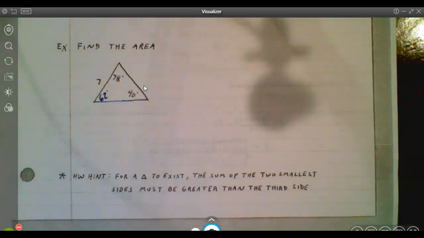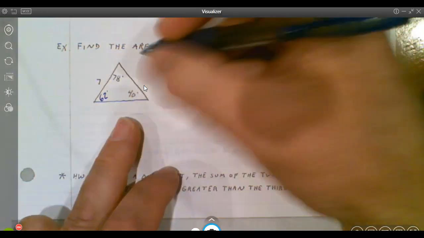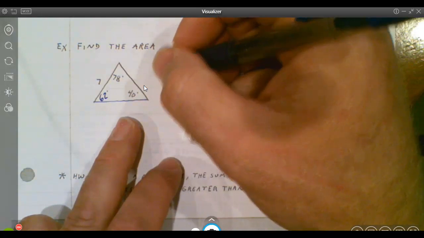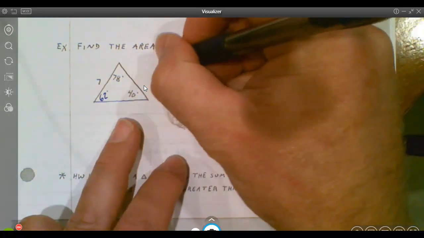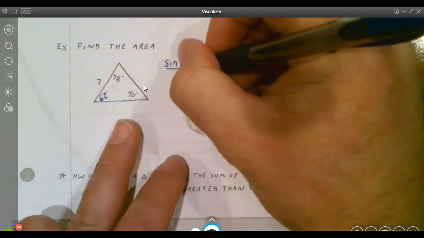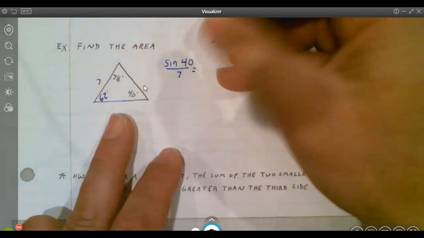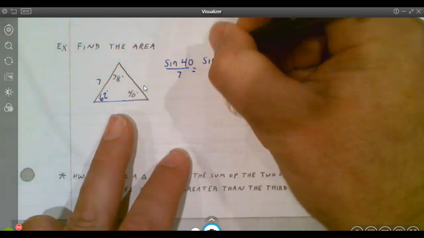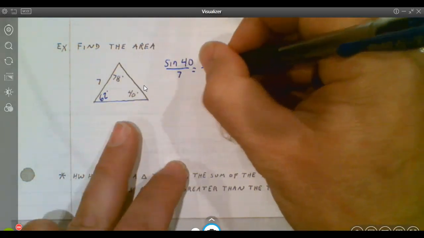We still don't have enough that fits either one of the scenarios we just described, so we're going to need a little side work here. As I look at this, I can use my law of sines to find a missing side length. I'm going to say sine 40 over 7 equals, let's go after this guy, sine 78 over something.